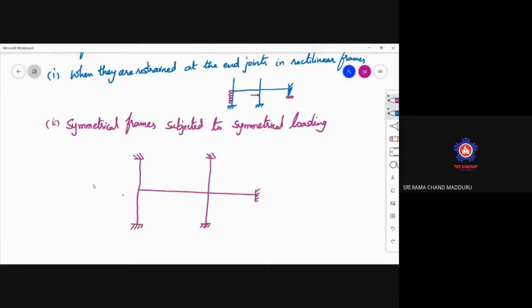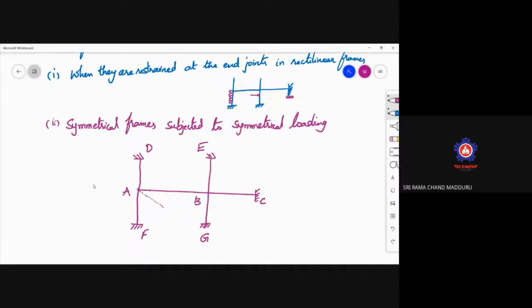Here I am considering points A, B, C, and these two points are D and E, this is F and G. Now assume that due to this loading, clockwise rotation is positive. So the beam will rotate like this at this point. This is a pinned joint, so the beam will rotate like this.